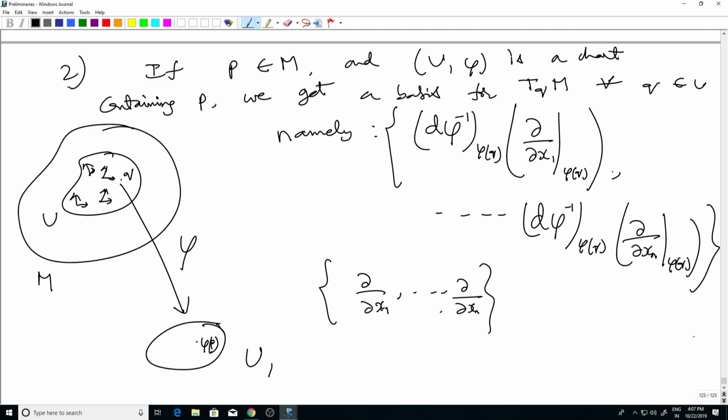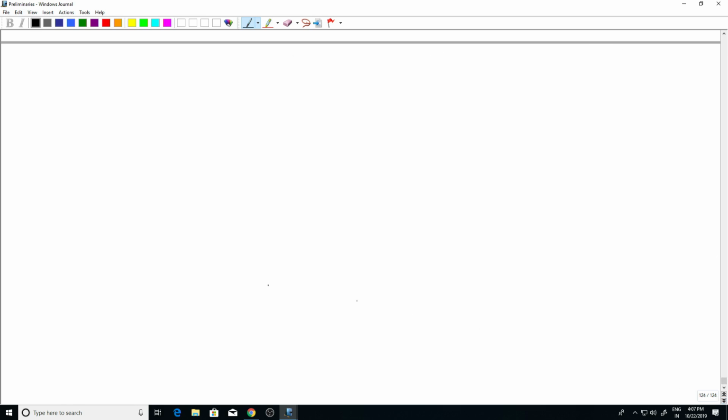Right. Now let's move on to some examples of differentials and tangent spaces. As we have seen, first is the trivial case.